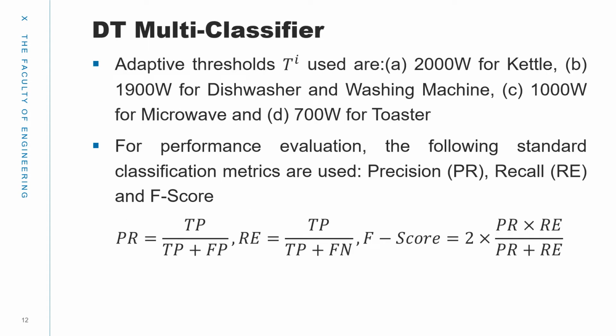Adaptive thresholds used are as follows: 2000 watts for kettle, 1900 watts for dishwasher and washing machine, 1000 watts for microwave, and 700 watts for toaster. For performance evaluation, the following standard classification metrics are used: precision, recall, and F-score.